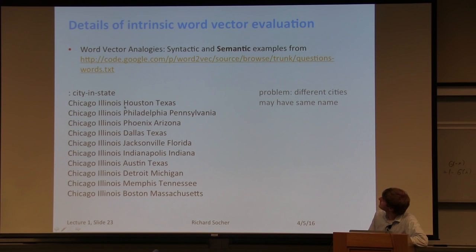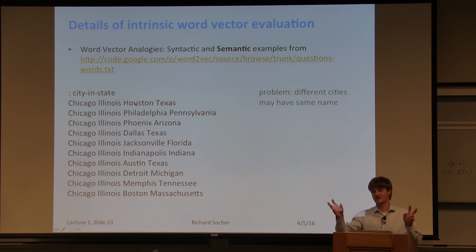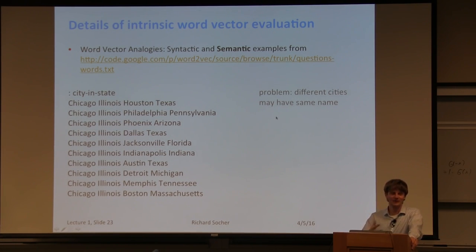So Chicago minus Illinois plus Texas or something should go to Houston. And so here we have city-in-state relationships. And of course the problem is that different cities may have the same name, right? For instance, there's a Paris and a London somewhere in the United States.